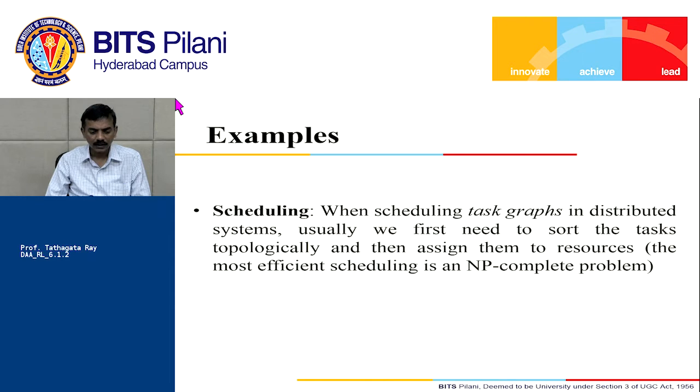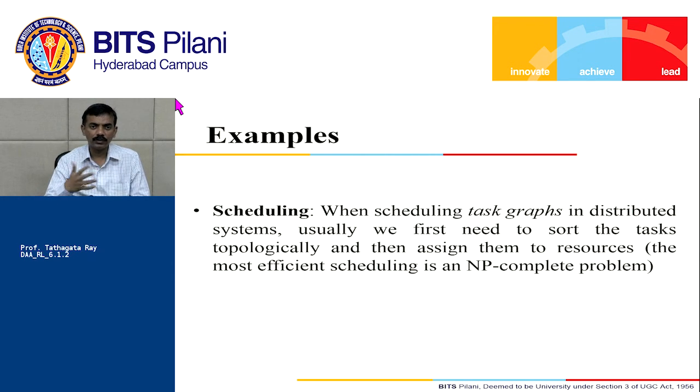And what is the application of it? A typical application is in scheduling. In scheduling you have task graphs in distributed systems. Usually we first need to sort the tasks topologically and then assign them to resources. So what happens is you have a bunch of tasks and there are dependencies between those tasks. Now you are given resources.